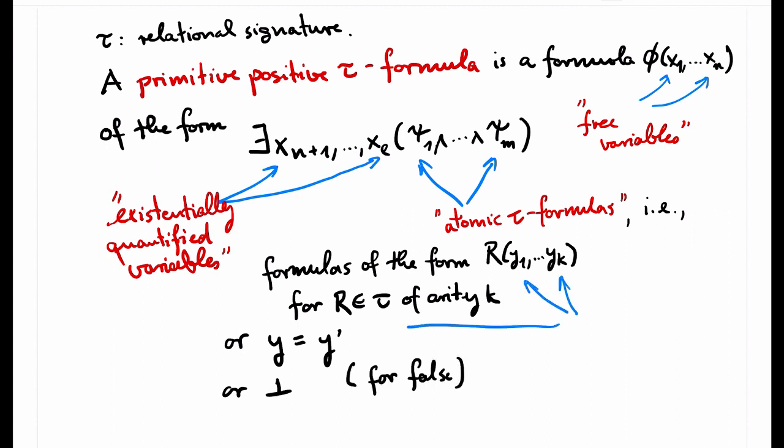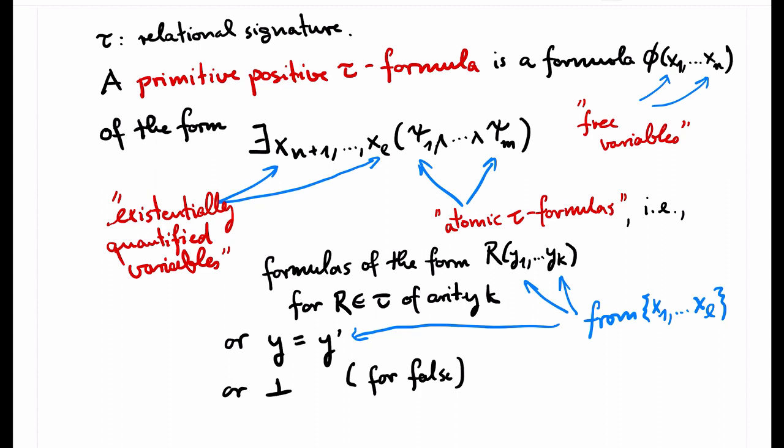If you have a tau structure B, then a tau sentence either evaluates to true or to false on B. It should be clear how to evaluate the sentence. We have to find values for the variables so that all of the conjuncts of our conjunction evaluate to true.